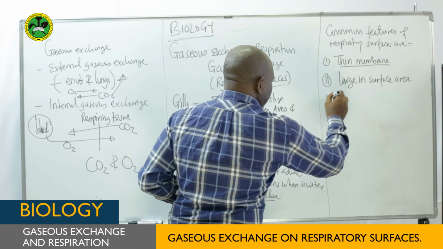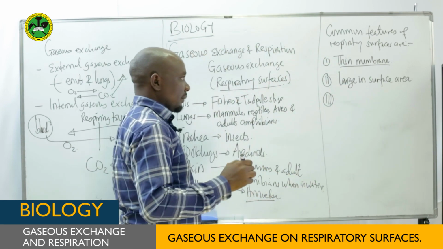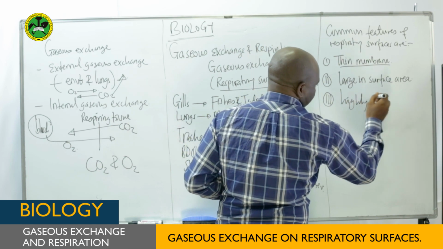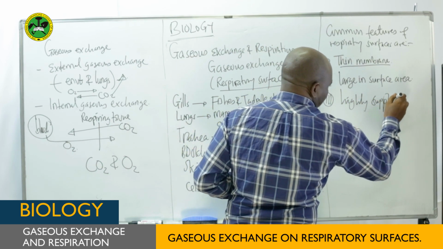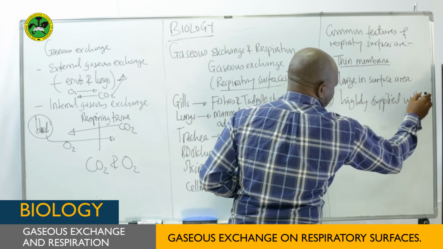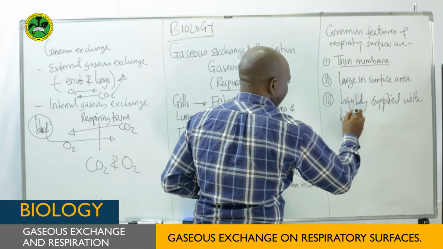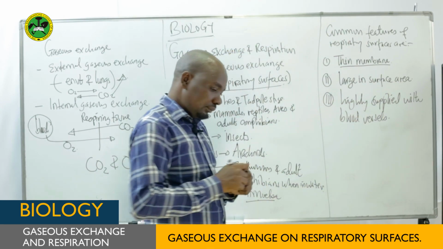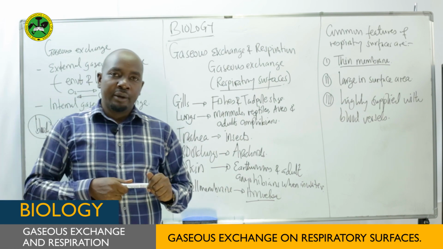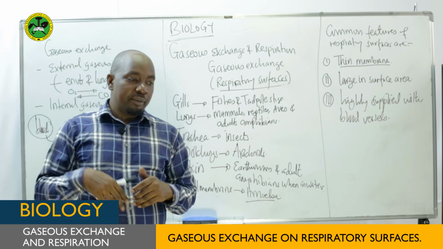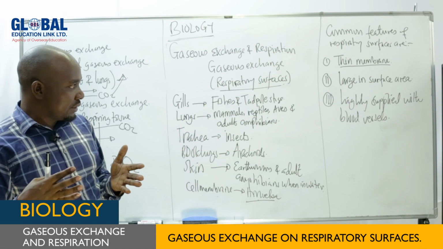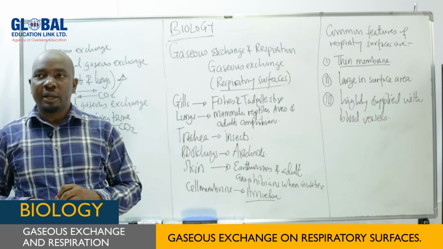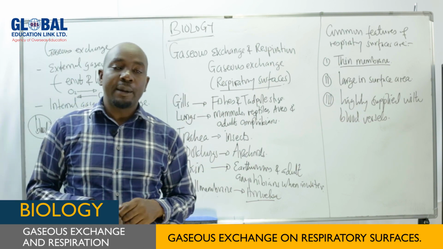The third point is they are highly supplied with blood vessels. Dear student, being highly supplied with blood vessels, or packed with blood vessels, means that they have many blood capillaries.